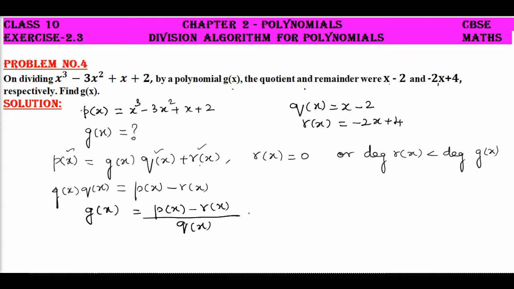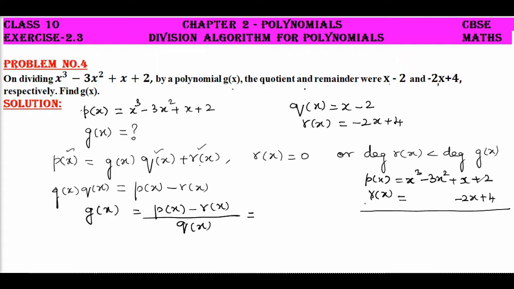Right? Now let's substitute all the values for the polynomials. See, now we are given p of x equal to x cube minus 3x square plus x plus 2 and r of x equal to minus 2x plus 4.